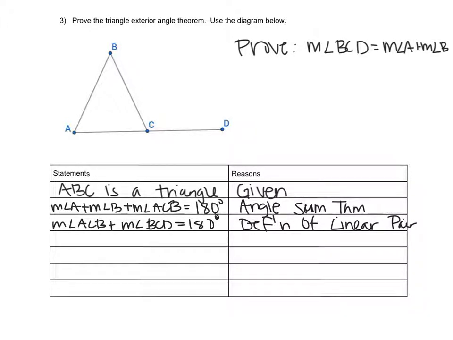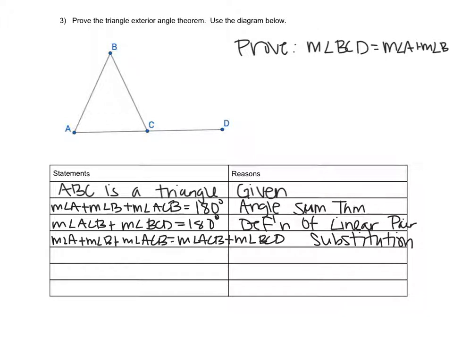Now we have two statements both equal to 180 degrees, so by substitution, I can set them equal to one another. So the measure of angle A plus the measure of angle B plus the measure of angle ACB equals the measure of angle ACB plus the measure of angle BCD. And the reason would be substitution.